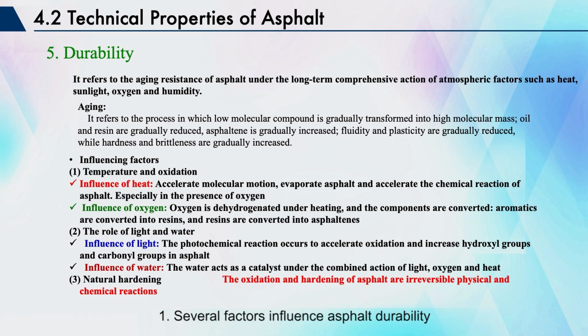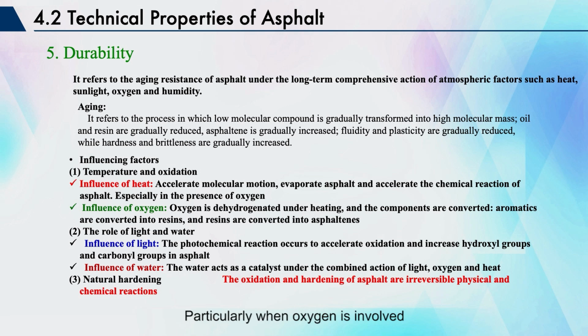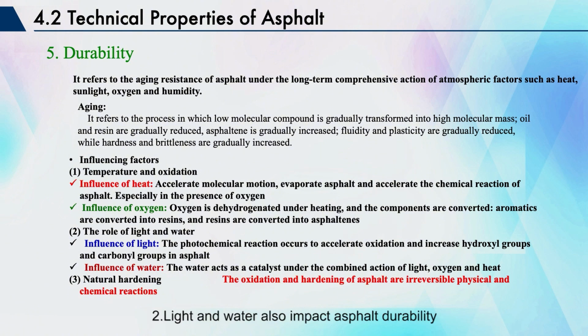Several factors influence asphalt durability, including temperature and oxidation. Higher temperatures accelerate molecular movement and chemical reactions within asphalt, particularly when oxygen is involved. Aromatics transform into resins, which in turn become asphaltenes. Light and water also impact asphalt durability.